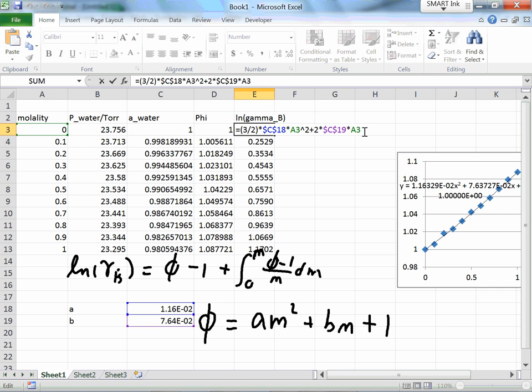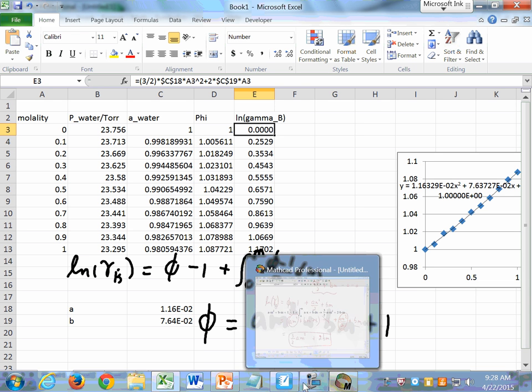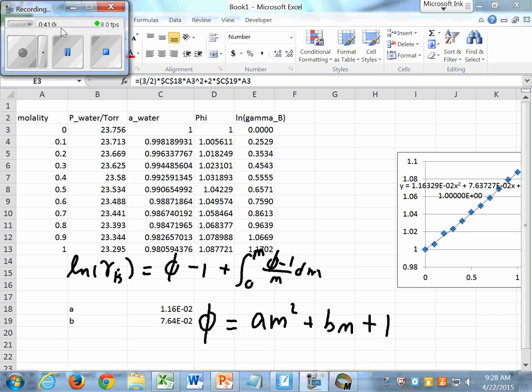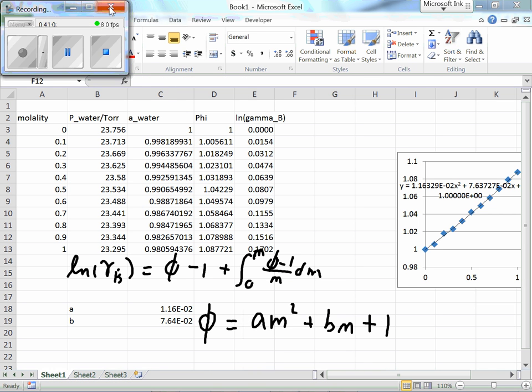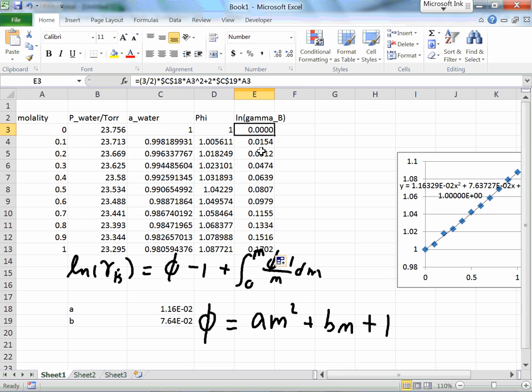That is the formula, right? Let me pause this. Okay, so we got this thing fixed. So this is going to be 3 halves times a, which is C18, m squared, which is A3 squared, plus 2 times bm. And then we have to copy that down to the rest of the column.